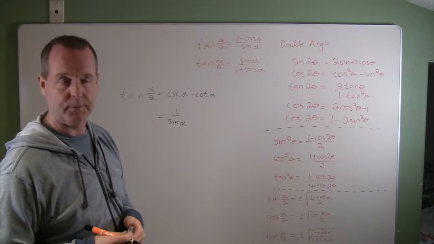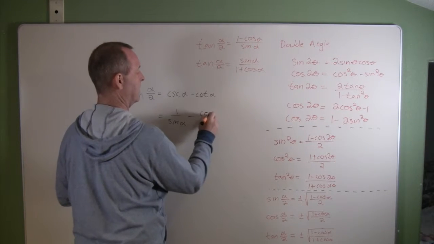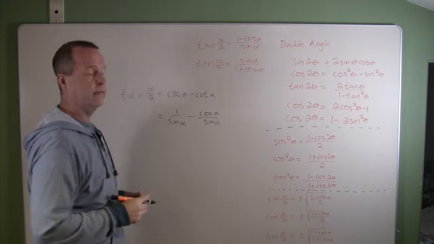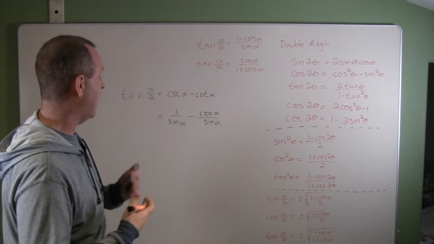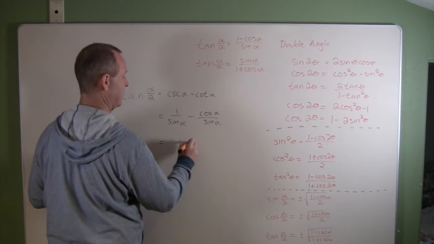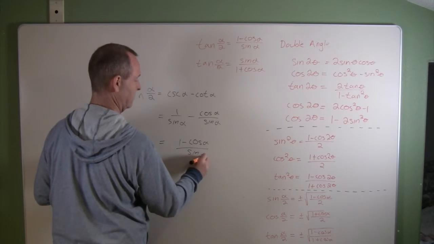It's a sine reciprocal. And cotangent was the cosine of alpha over the sine of alpha. I have common denominators, which allows me to add these together, or in this case subtract. So I have 1 minus the cosine of alpha all over the sine of alpha.